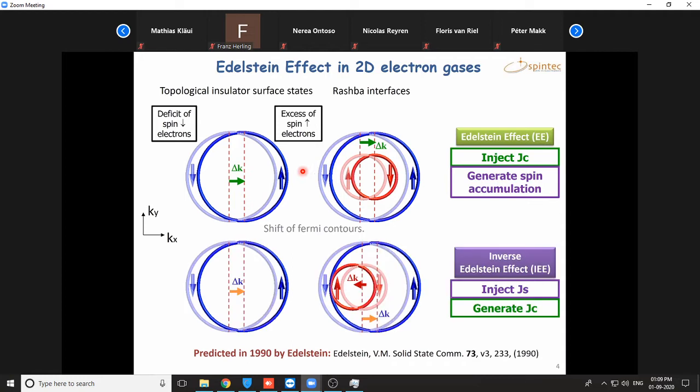The reverse effect is also possible if you inject out of equilibrium spin accumulation in those 2D states. You will induce a shift of the Fermi contour because you inject excess of spin up, let's say. So you will shift the Fermi contour and then generate a charge current. This effect has been predicted by Edelstein in the 90s.